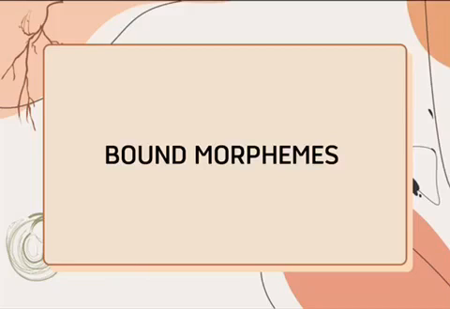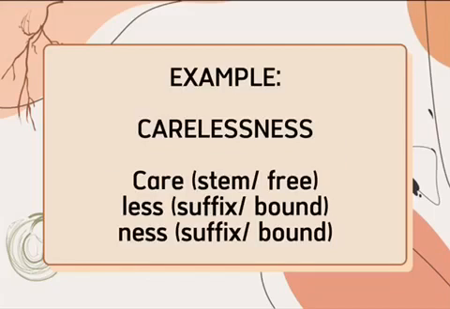When free morphemes are used with bound morphemes attached, the basic word forms are known as stems. For example, carelessness. Care is a stem or free morpheme. Less is the suffix or bound. Ness is the suffix or bound.